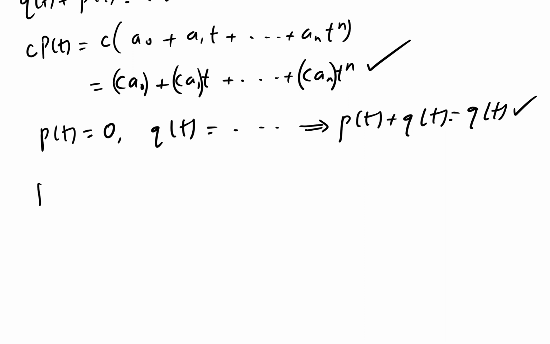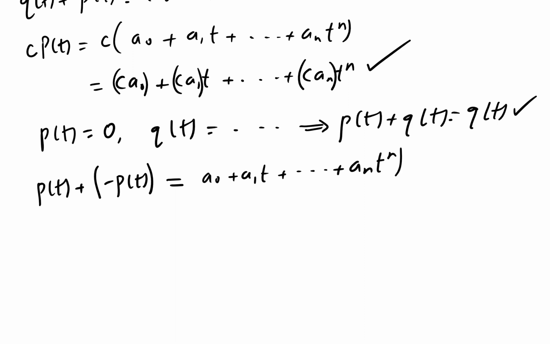How about if you do P of T, the next one is plus negative P of T, the inverse. Will you get 0? Well, you can show it if you have the patience to show step by step. A0 plus A1T plus ... plus ANTN, plus negative A0 minus A1T minus ... minus ANTN.